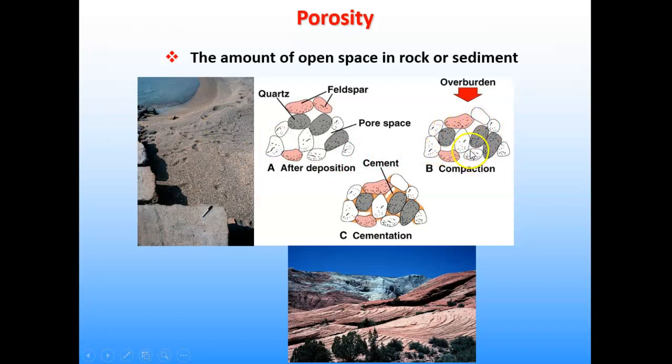And if it remains sediment, there's a reasonable amount of open space here. So the porosity is usually higher in sediment. As the material gets cemented into a rock, in this case, let's say these are sand grains, and it gets cemented into a sandstone, there's still some open space here, though not as much as if it was sediment. So sediment is best, so material that hasn't been lithified yet, turned into a rock, is better.